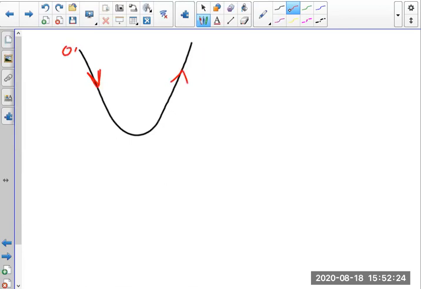If you come with your bicycle, you are going down up to the turning point, and then the graph is increasing again. So a parabola is the only one of these graphs that is decreasing up to the turning point and then increasing again.